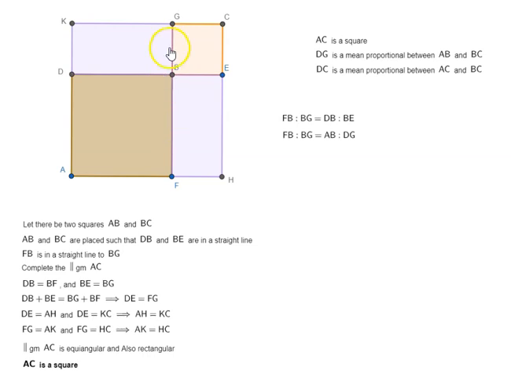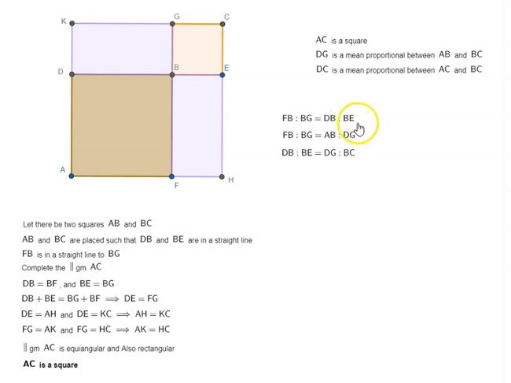So FB is to BG as the figure on FB is to the figure on BG. Similarly, DB is to BE is equal to the figure on DB, that is BG, is to the figure on BE, that is BC.